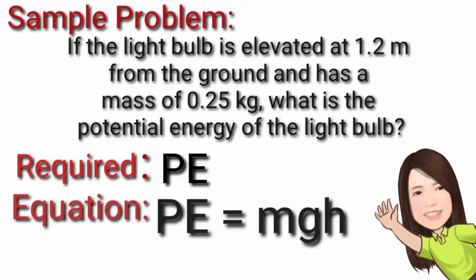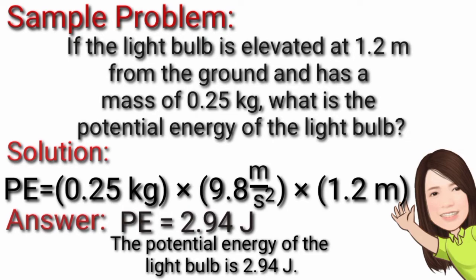We are required to find PE. Equation we use: PE equals M times G times H. Our solution: PE equals mass, 0.25 kilograms, times acceleration due to gravity, 9.8 meters per second squared, times height, 1.2 meters. Answer: PE equals 2.94 joules.